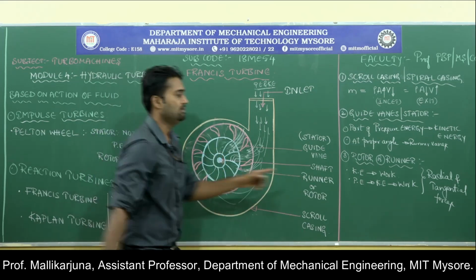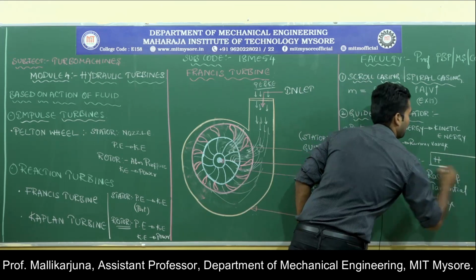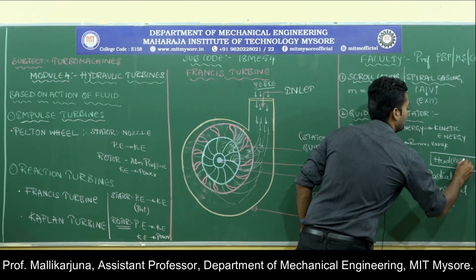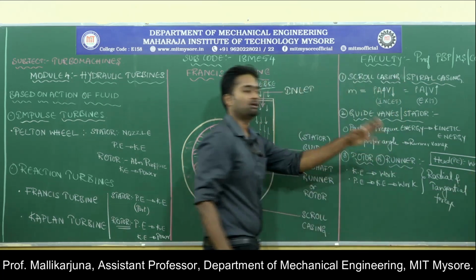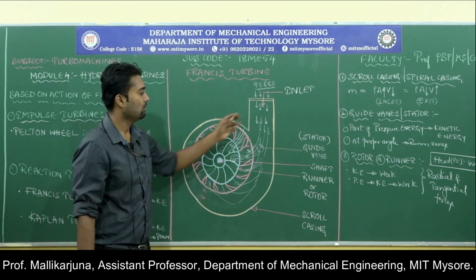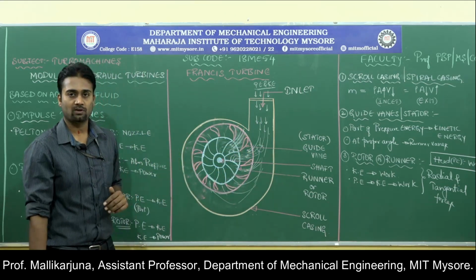So now in the rotor, the complete pressure energy possessed by the fluid will be converted into work, and then work will be converted into power. So this is how the fluid energy gets converted into work.